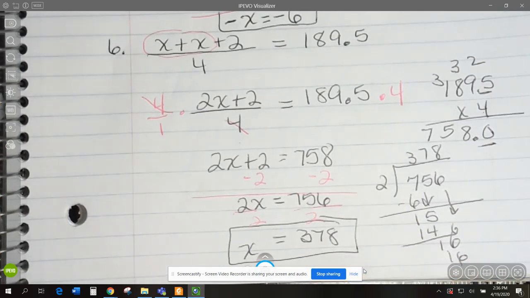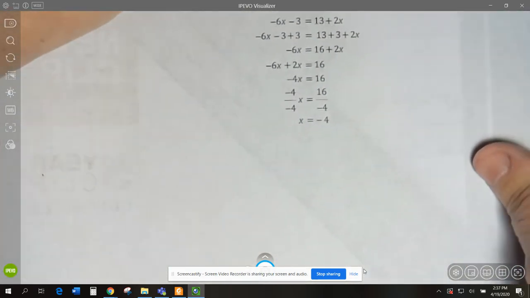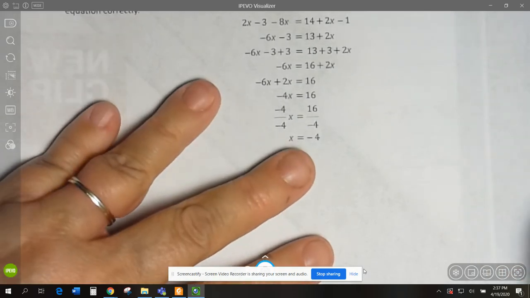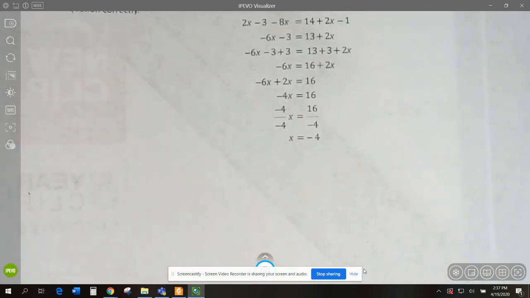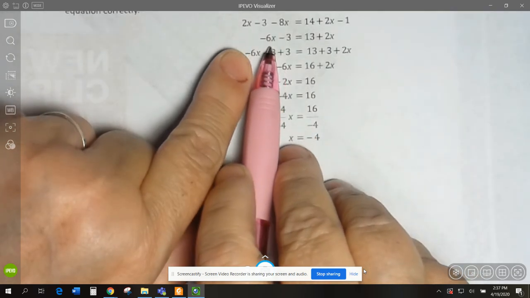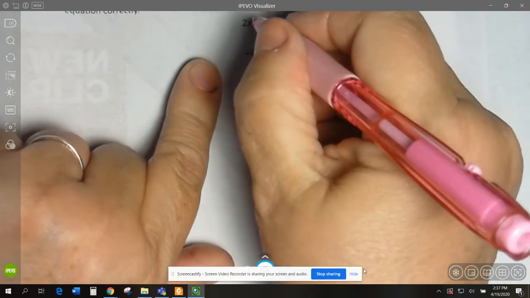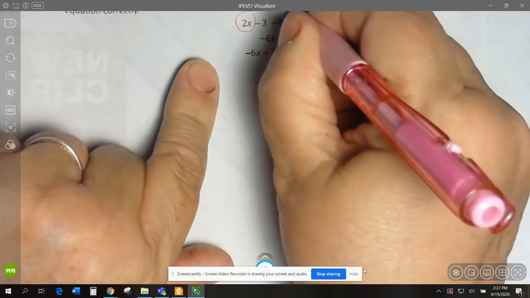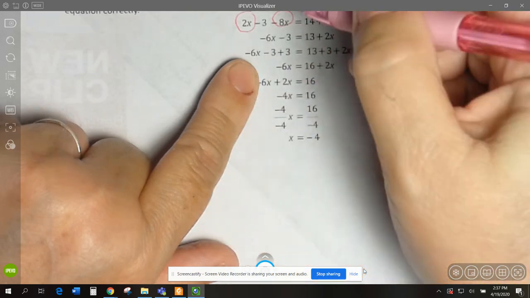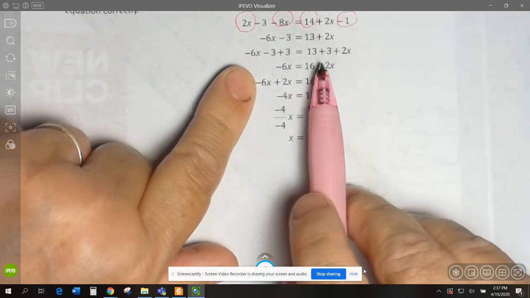For the last problem, they want us to figure out where the mistake is. So we have to kind of analyze this. The first thing they did is it looks like they combined their x's here. 2x and a negative 8x will give us the negative 6x. And here they combined their constants and got the 13.